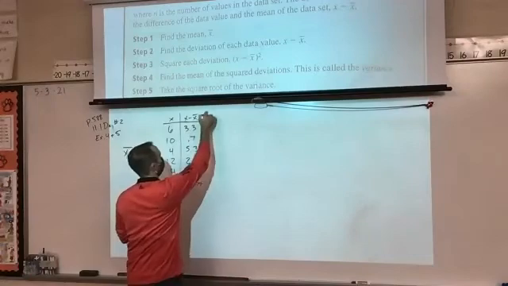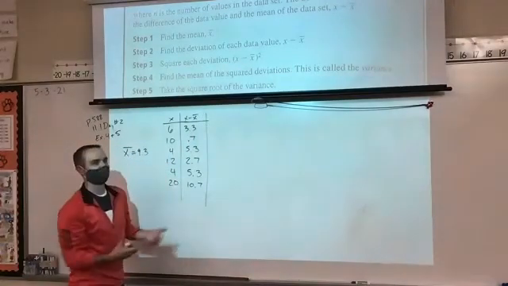So then it says to square each deviation. These are called the deviations. So we're going to square that.